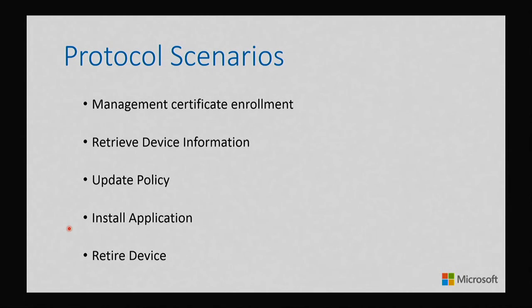A company private application will be published into a service like Windows Intune, and only with the MS-MDM protocol will the client side be able to install such a private application. Another scenario is that we can retire the device from the management, so that the device cannot be accessed by the company administrator again.